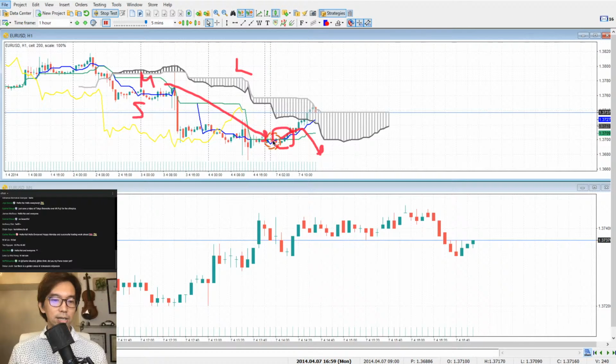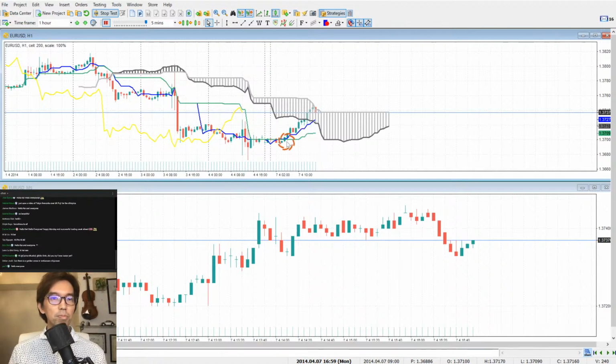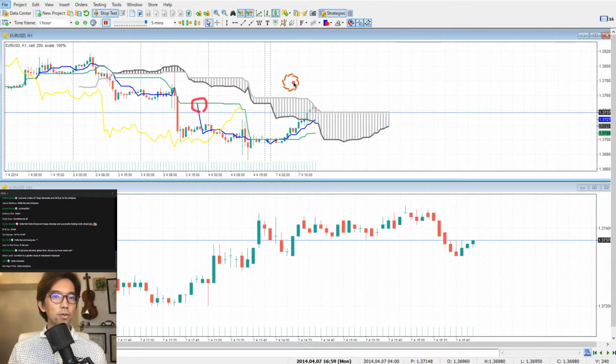Rather, if you want to take a trade on these crosses, you have to look for the dead crosses below the Kumo or a gold cross above the Kumo. But this gold cross is happening below the Kumo, and this might be a fake.